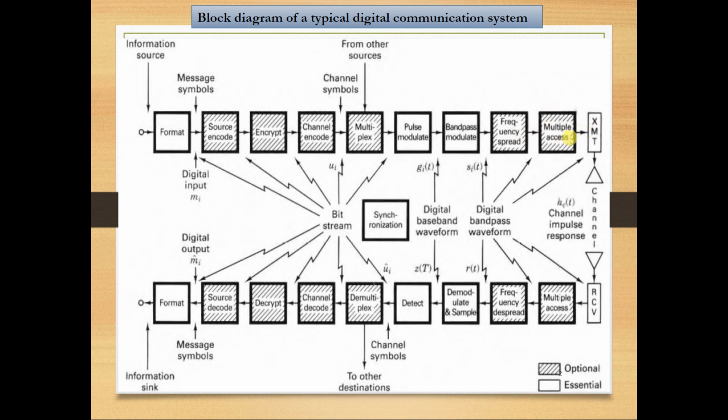And after that, we have the final block called multiple access. Multiple access is the process where you multiplex different users on the channel. You think you are the only one who's communicating and wants to access the internet when you are inside your home, or inside your office, or inside your workplace. No, you are not the only one.